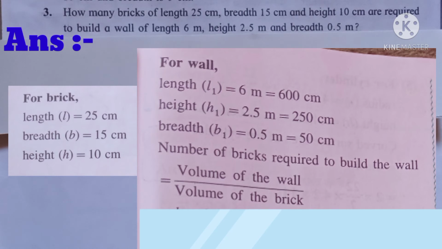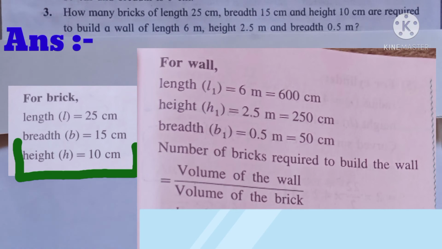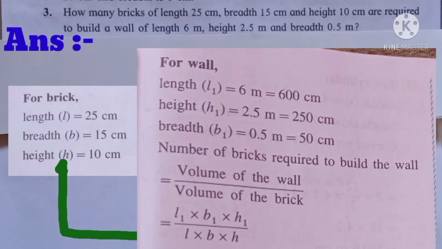The measurement of the wall is given as L1, B1 and H1, so let's put these values in the upper section and the measurement of the bricks in the lower part. Therefore, L1 multiply with B1 multiply with H1 divided by L into B into H. That L into B into H is nothing but the measurements of bricks.